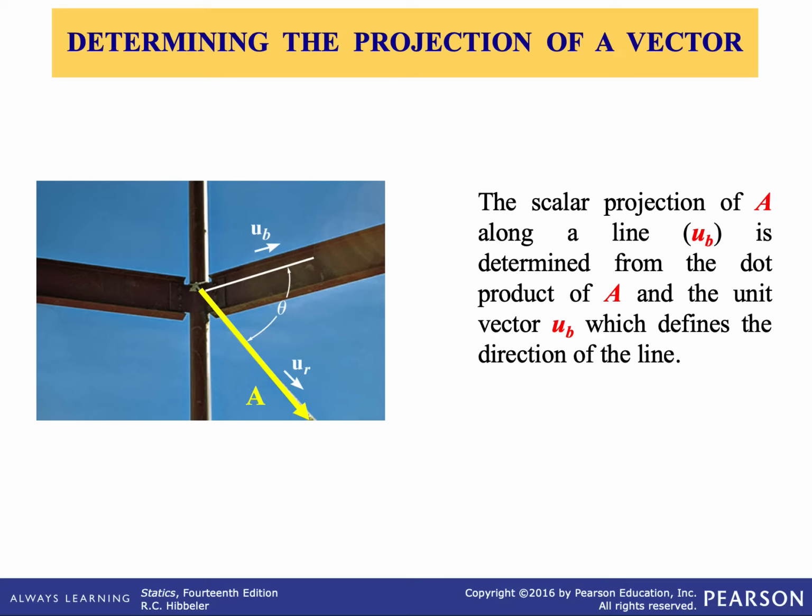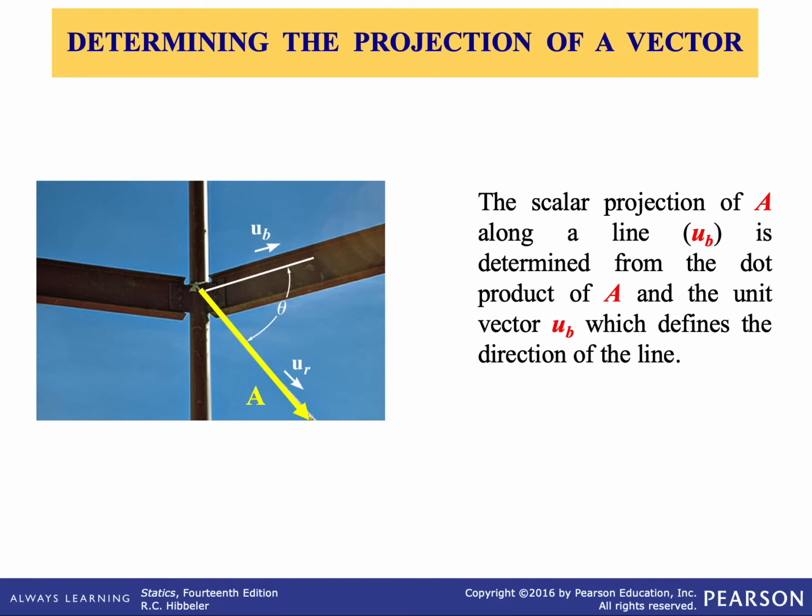So the scalar projection of A along a line, which is the beam, which is UB, is determined from the dot product of A and UB. I hope that clarifies what we are going to do.